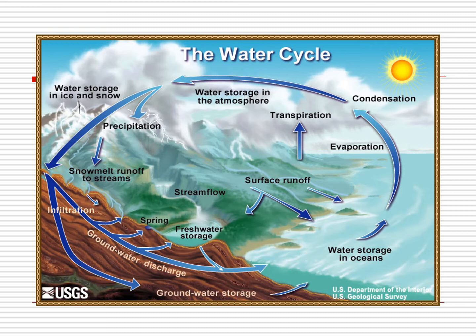And then it eventually melts and runs off into streams, and some of it goes into the ground as infiltration, others go into what is called freshwater storage, stuff like ponds and lakes that we see, and other water actually runs off as surface water runoff and ends up back in the oceans.